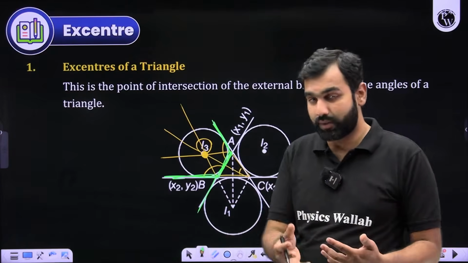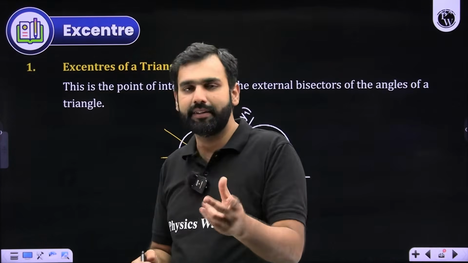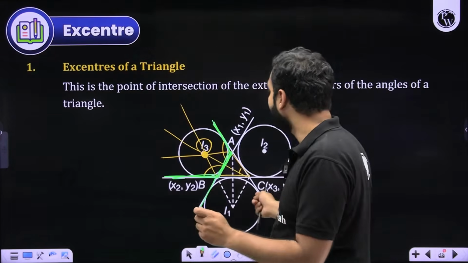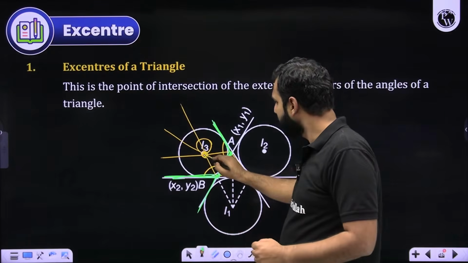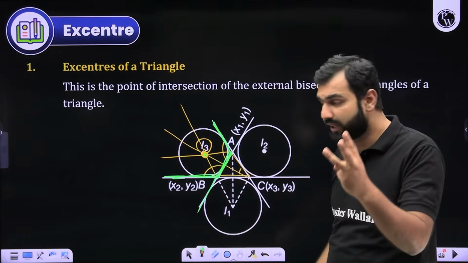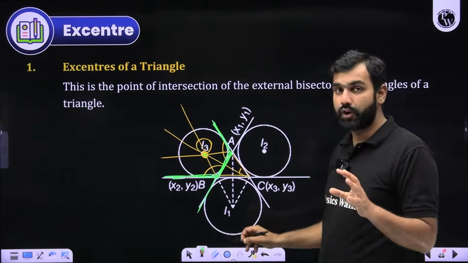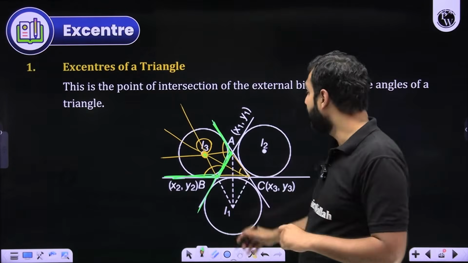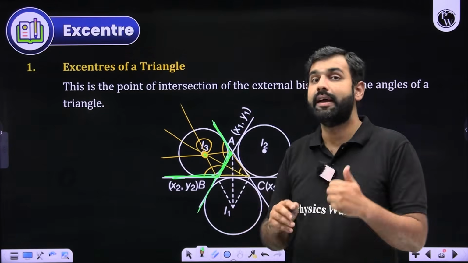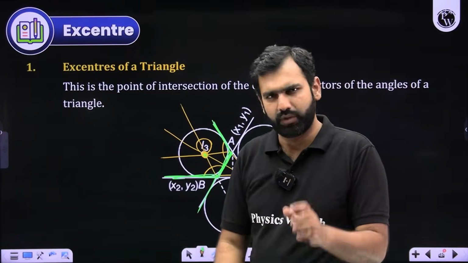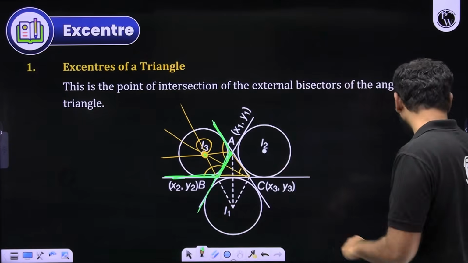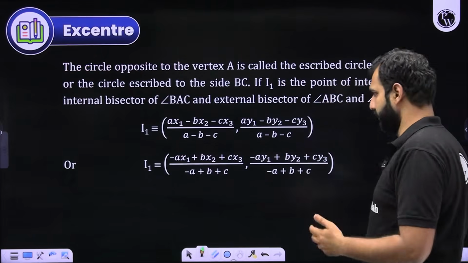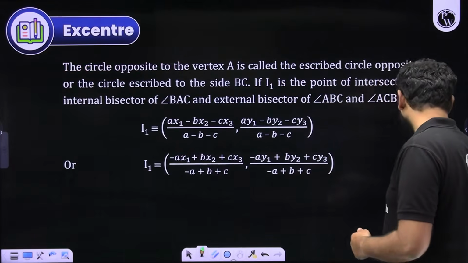Previously the contact was happening internally, that was the incircle, this is the excircle. And the center of this circle will be the excenter. And such 3 excircles will be drawn for a triangle. The excenter is achieved by having the point of intersection of external angle bisectors. Did you get that? I hope it is understandable. Similarly, there is a formula for the excenter as well.